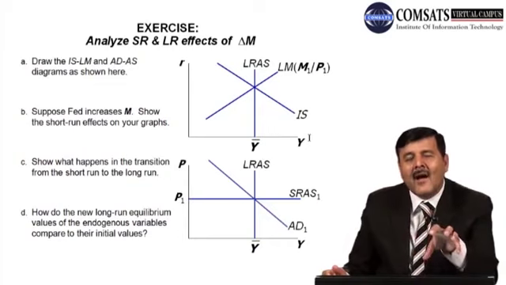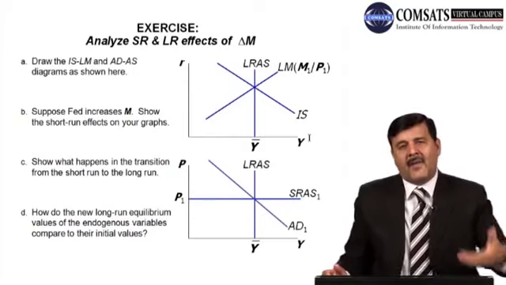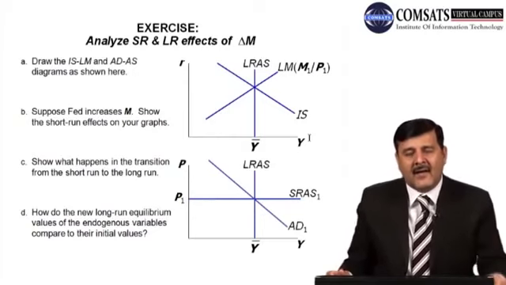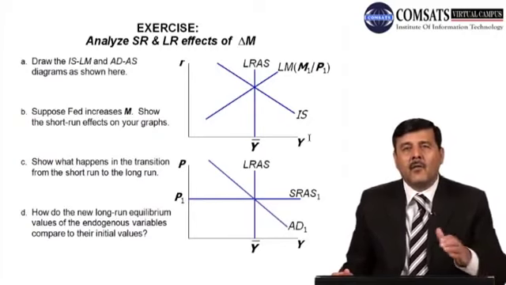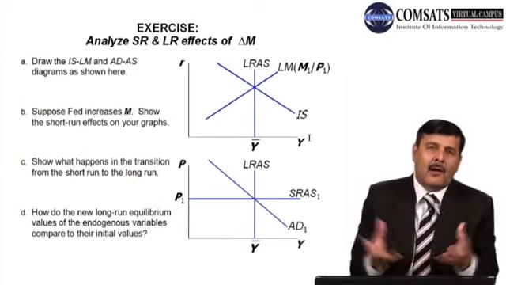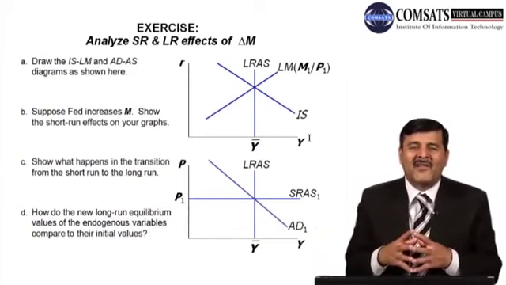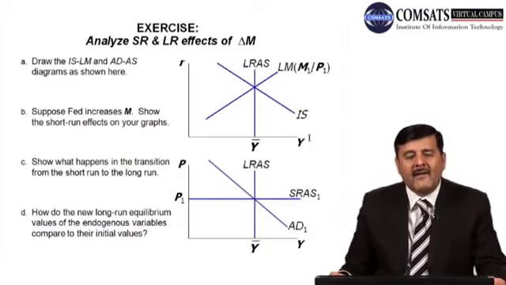So we learned this. The practice question you have to do yourself at home is about the LM shock. If there is an LM shock and prices are flexible, how does the economy come back to its natural level of output? So you need to draw the IS-LM and aggregate demand, aggregate supply diagram as given here.